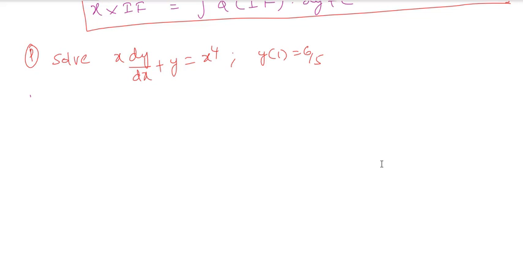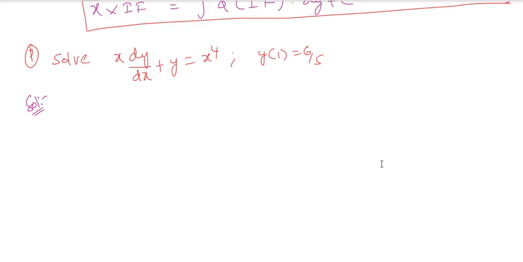This is the question. First you have to consider whether the given equation is a linear equation in x or linear equation in y. Am I right or not? So before entering into that, I'll divide the total equation by x.